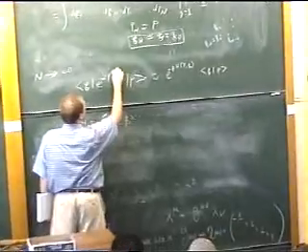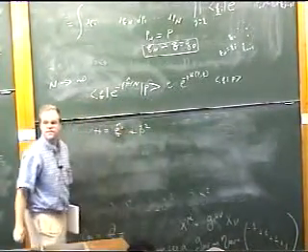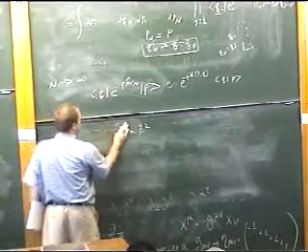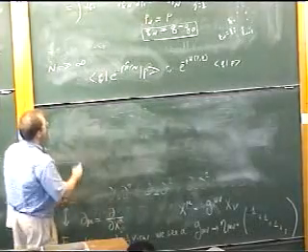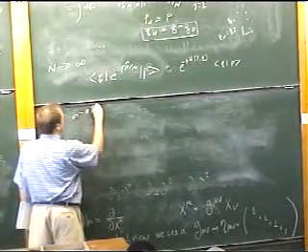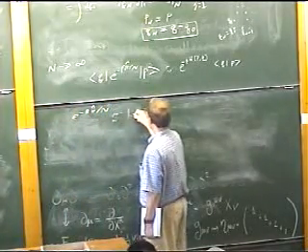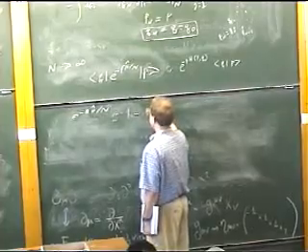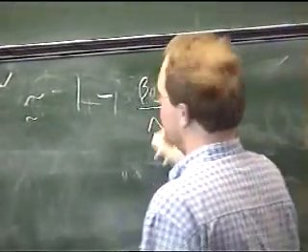In that case, let me put a little hat on this h to distinguish this quantum operator from that function. The details go like this. The reason large n is good is because for large n, I can expand the exponential in a power series. This is approximately 1 minus beta h hat over n.